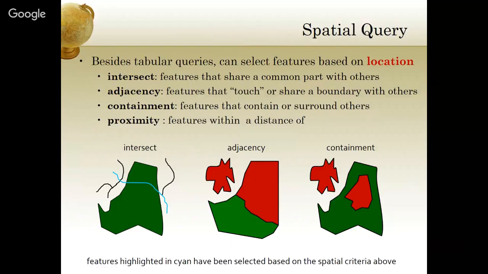For features that are adjacent, if I select from my red polygon layer, a feature that's adjacent to the green, it's going to select just this polygon and not the other because they do not touch. This red polygon does not touch the green one. Containment, if I again select from red where it's contained by green, it would select this portion but not the other.